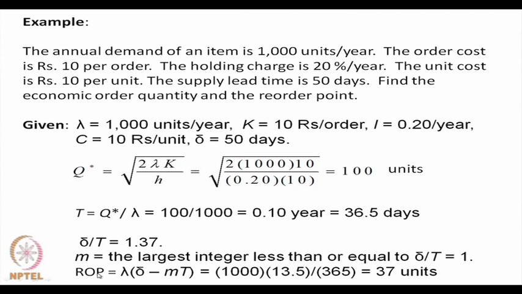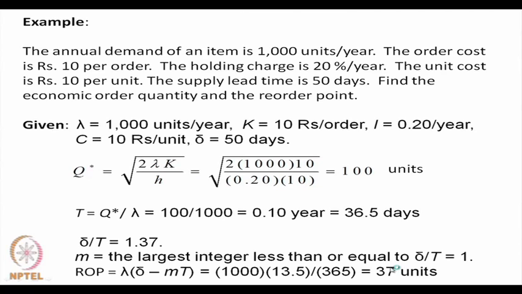Therefore, reorder point ROP is lambda times delta minus m T, which is equal to 1000 multiplied by this quantity, which comes to 37 units.